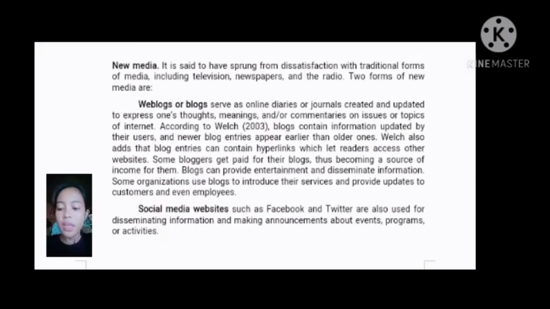Telecommunication. It is defined as the long distance exchange of information through technological devices such as telephones, mobile phones, and computers. One of the recent innovations in telecommunication is telecommuting or the electronic cottage.